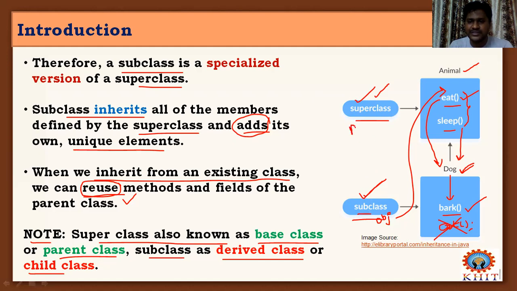When we call the superclass a base class, then we call the subclass a derived class. When we call the superclass a parent class, in that context we call the subclass a child class.